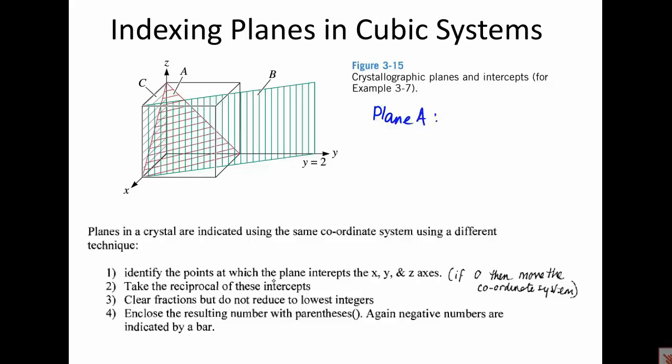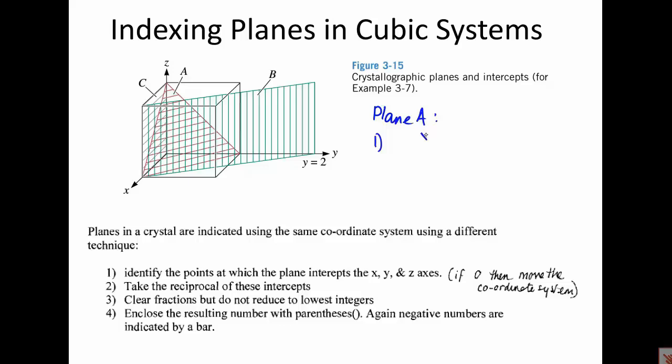First, we identify the points at which the plane intercepts the x, y, and z axis. If the plane lies directly on the origin, we have to move our origin. Otherwise, this process will not work.